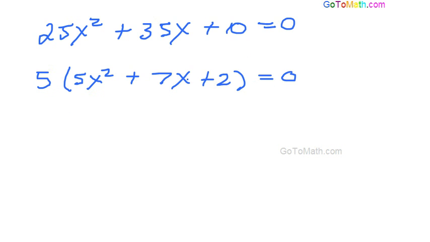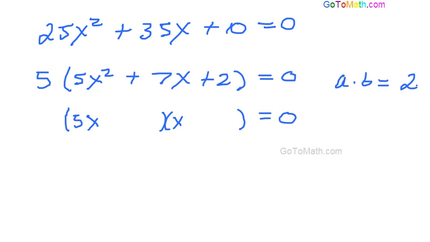Right? Alright. Now we want to factor this, so let's take a look at this. We're going to have to put a 5x here. Okay, so we're still looking for two numbers that when multiplied together give us 2, right?